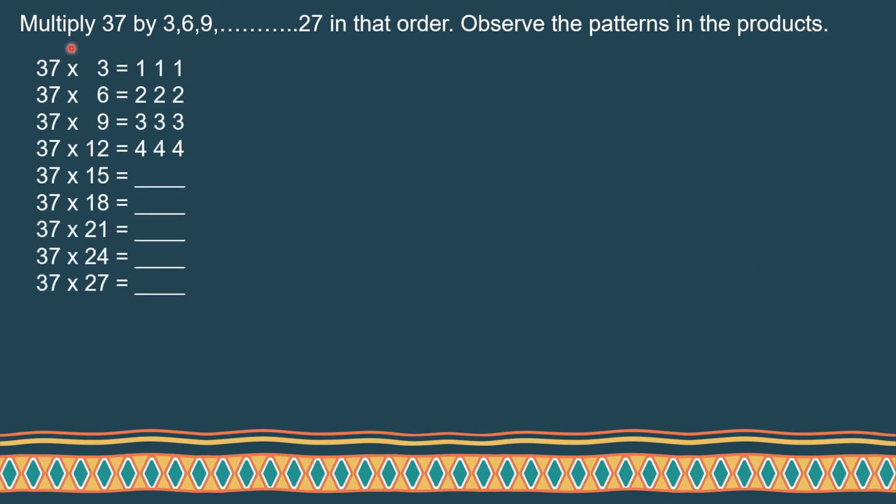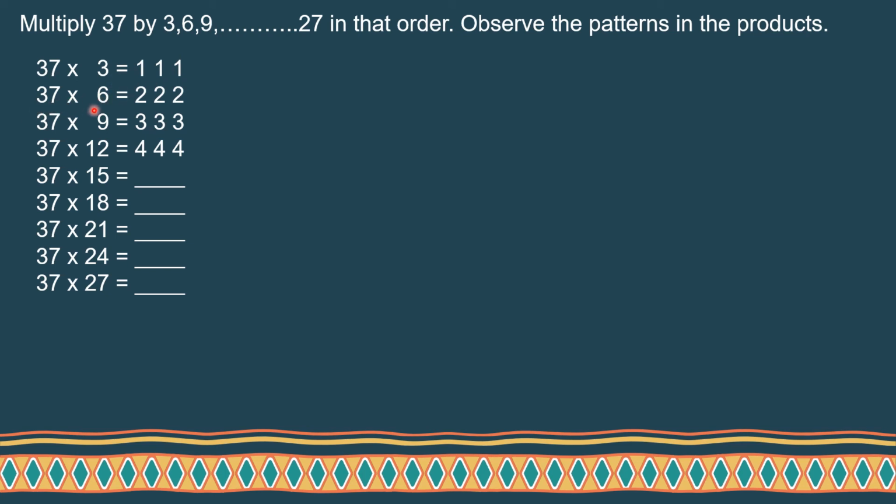So here 37 multiplied by 3, 37 multiplied by 6, 37 multiplied by 9 and so on till 37 multiplied by 27. We got the products. 37 multiplied by 3, we got the product 111.